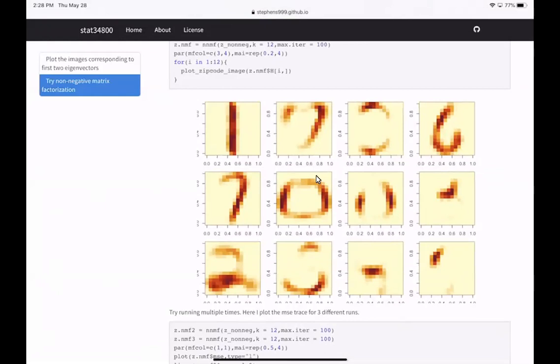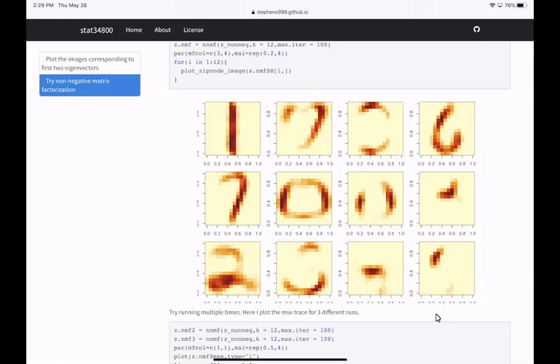So it's not foolproof, these are a bit messier. You might have hoped, again, to get a basis of 1, 2, 3, 4, 5, 6, 7, and then each image would just get loaded on the image that it corresponded to. But of course, the data are noisy, and so an 8 is probably some combination of this one plus maybe some of this one. So you can see that 8s are going to get split across multiple basis vectors.